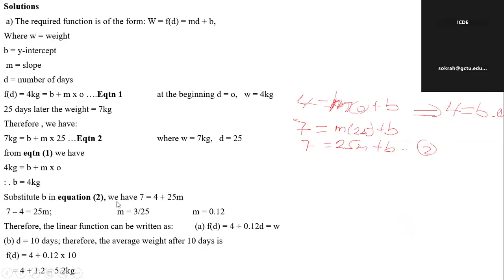Now that we have found M, we go back to the function and write f of D is equal to what? It is only the M that you were looking for. So just go back and substitute the 0.12 for M in this function. That is all that the question is looking for.